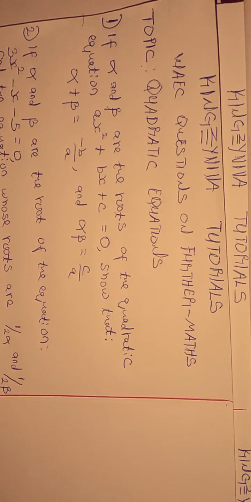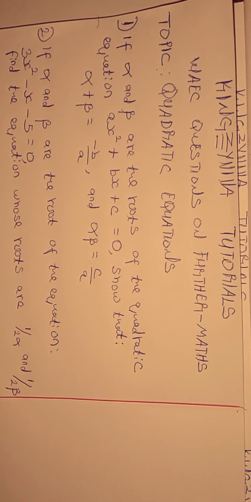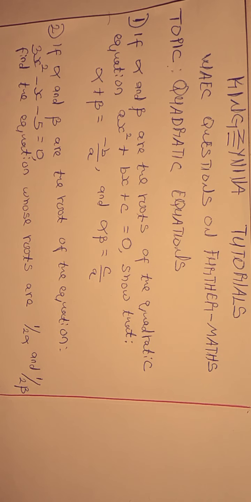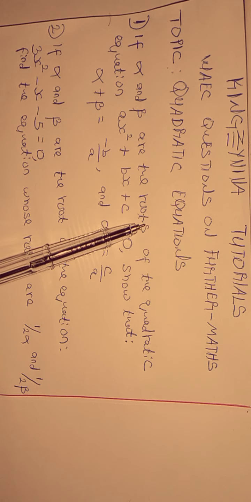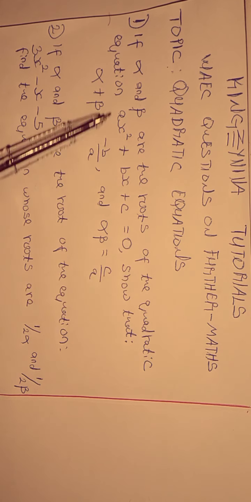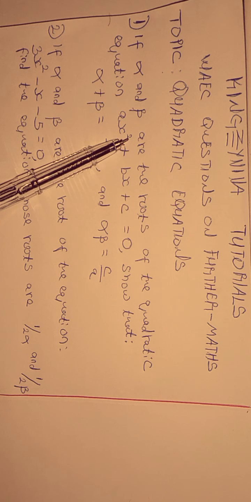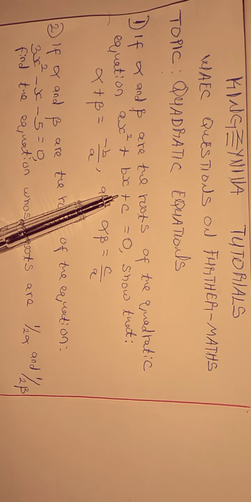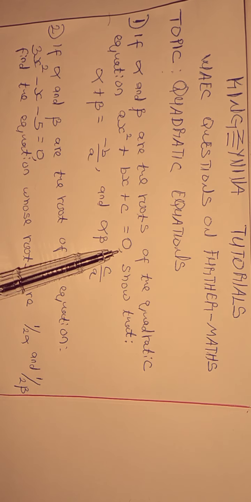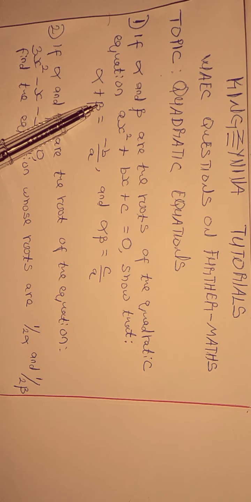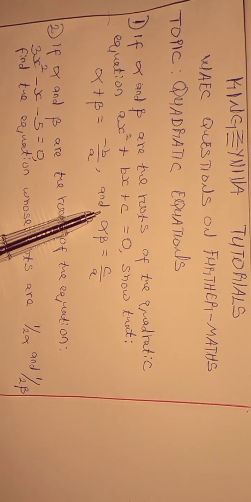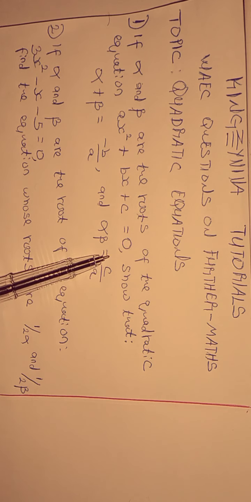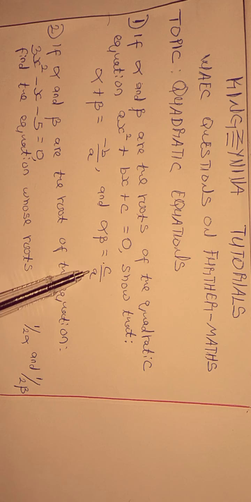The first question says: if alpha and beta are the roots of the equation ax squared plus bx plus c equal to 0, show that alpha plus beta is equal to minus b over a and alpha beta is equal to c over a.